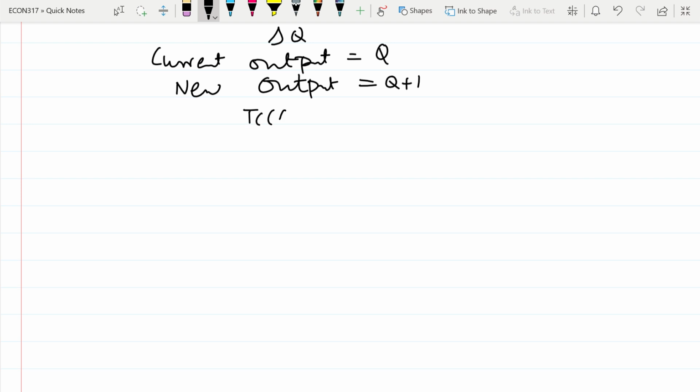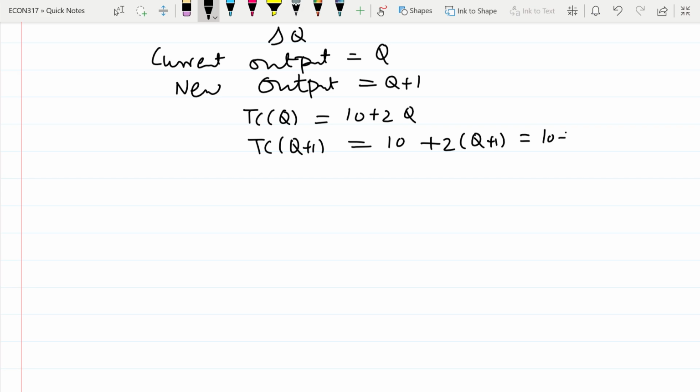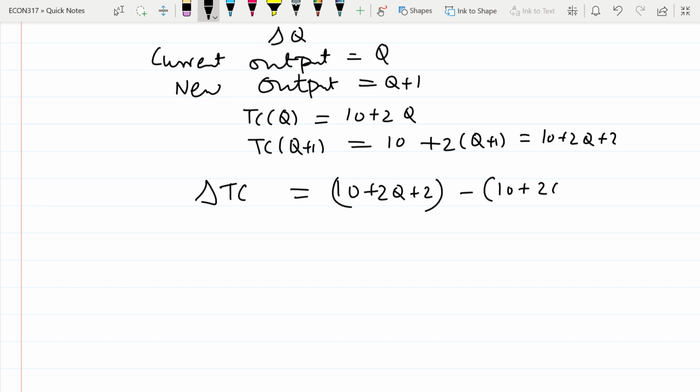The total cost when output is Q is 10 plus 2Q. Total cost when output is Q plus 1 is 10 plus 2 times Q plus 1, which is 10 plus 2Q plus 2. And so the change in total cost is 10 plus 2Q plus 2, that's the new cost, minus 10 plus 2Q, that was the original cost, which turns out to be 2.